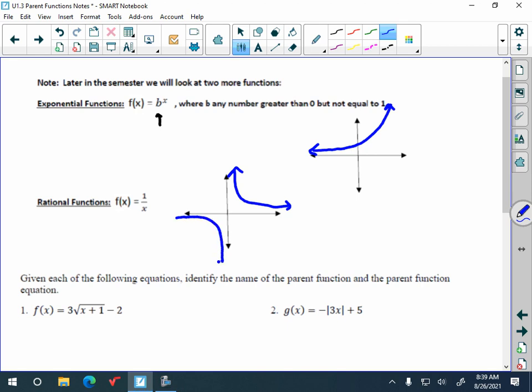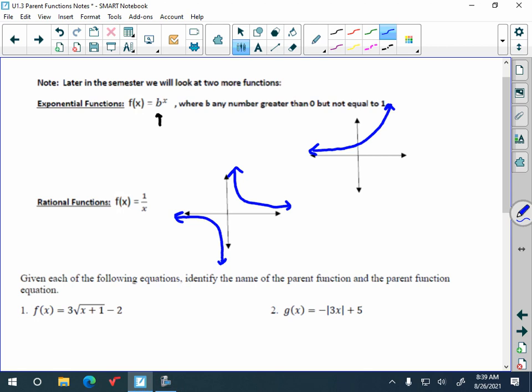We get 2 curves, and they're going to be in diagonal quadrants of each other. So they never cross the x-axis, and they never cross the y-axis. Okay, so that's rational function. So those are your 8 functions.